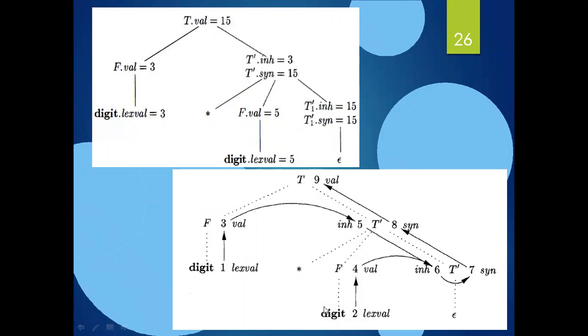The directed arrow shows that it is a dependency graph. It shows which node depends on which node, how we compute the values from those, and which is an inherited attribute and which is a synthesized attribute.